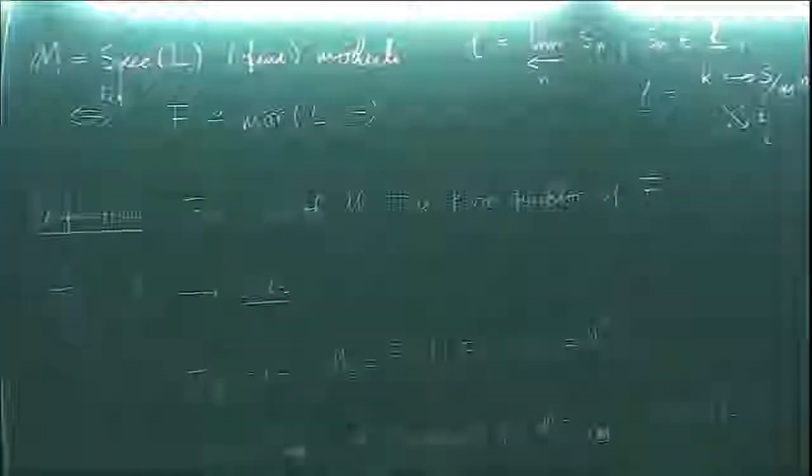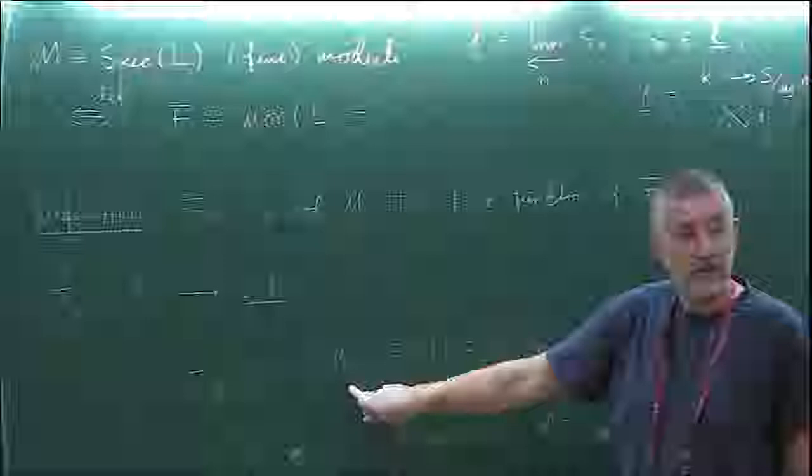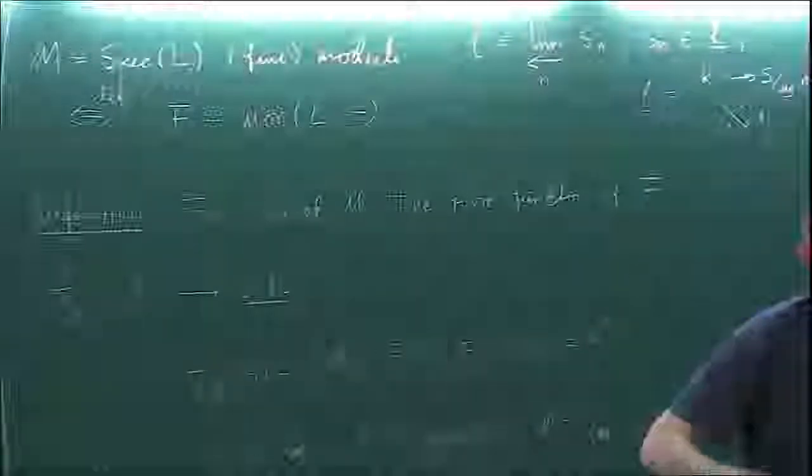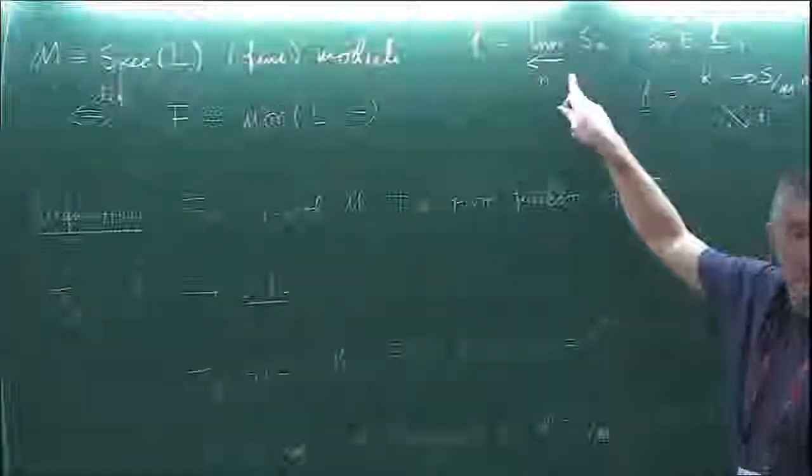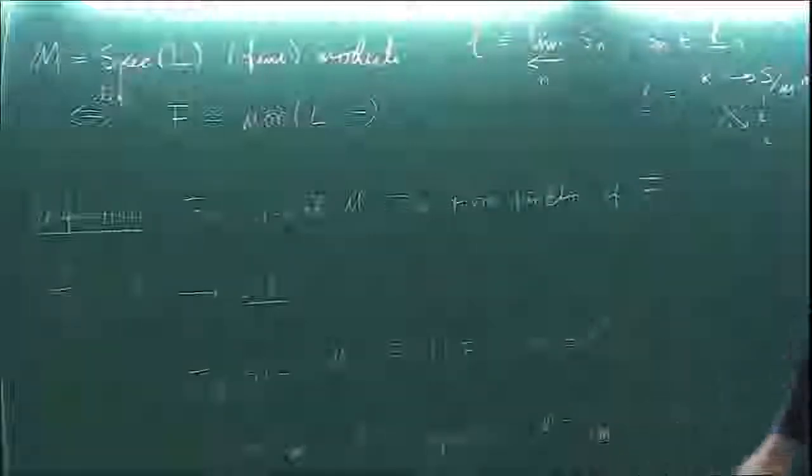So the point is that I can define this one only on L, and then I can take the limits, because this is the limits of S_n. So I just take the limit of the functor.